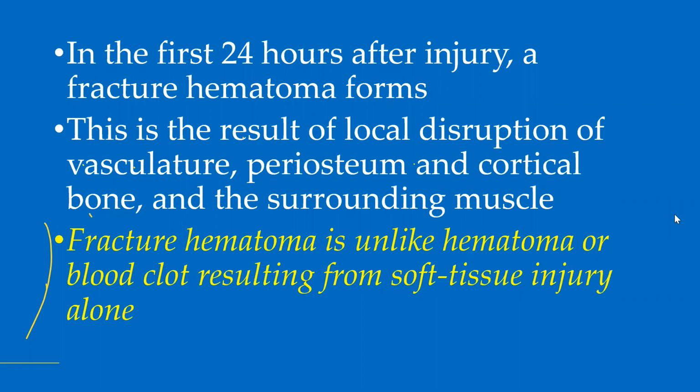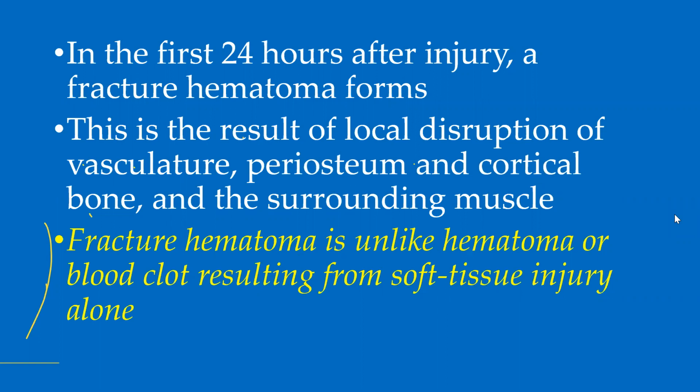The hematoma from a fracture, if you deposit it elsewhere, it will form bone. The hematoma from a soft tissue will not. And this explains, let me explain it to you, in supracondylar fractures of the elbow in children, you see that there are some patients who develop heterotopic bone formation. What happens?